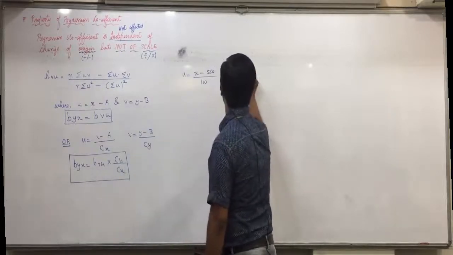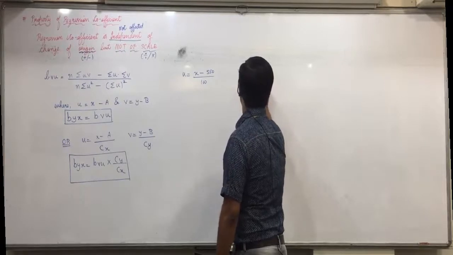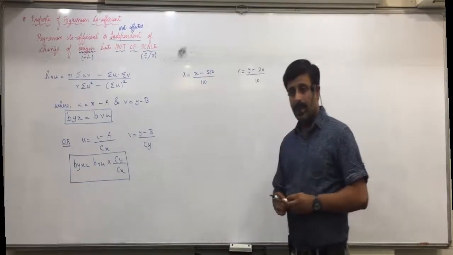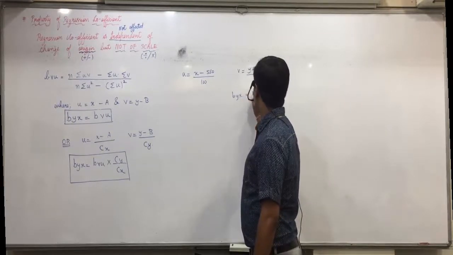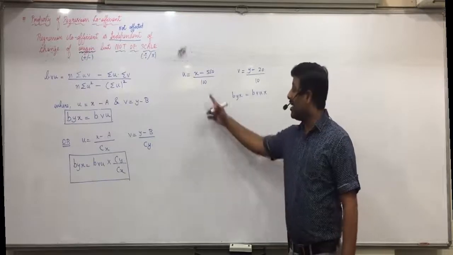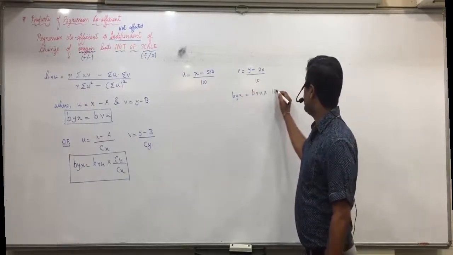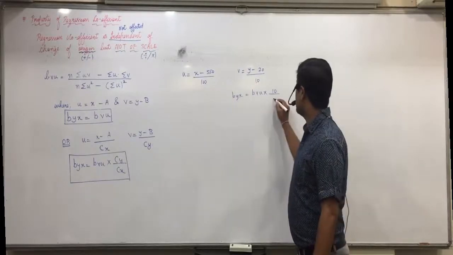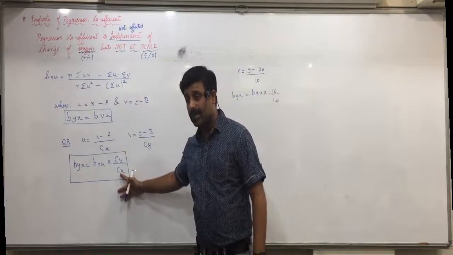And suppose you obtain V as Y minus 20 divided by 10. Now what will you do for BYX? BVU into CY, which is 10, upon CX, which is 100. This is how you will cancel the effect of change of scale.